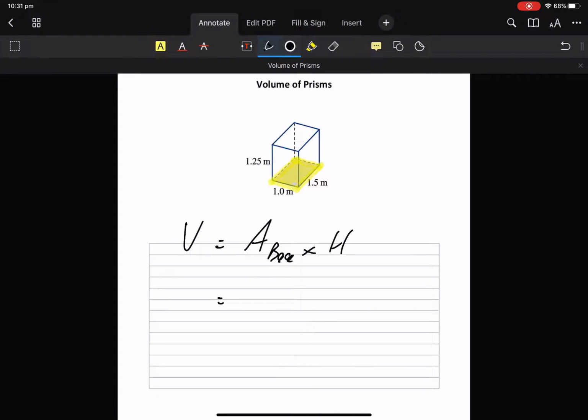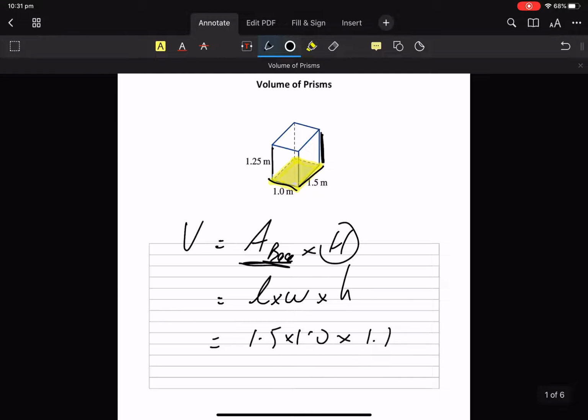Rectangular base, area of a rectangle, so this area of the base is length times width, and the height is the height of the prism. So that's height. So length, 1.5, width, 1.0, and height, 1.25, and you're going to whack it in your calculator. 1 times 1.5 times 1.25. 1.875.